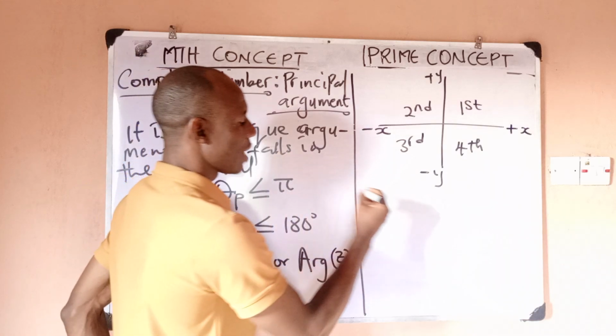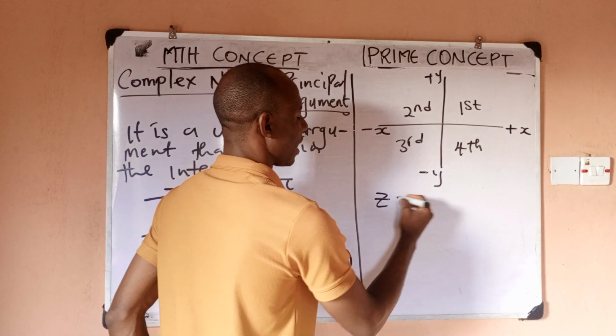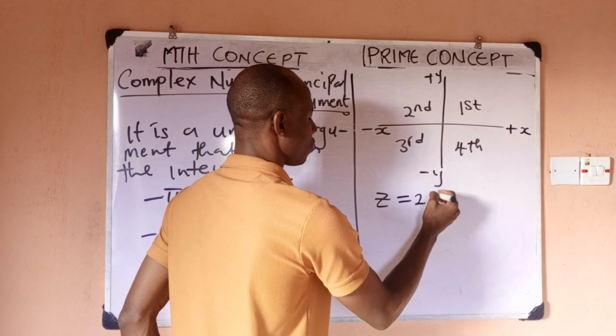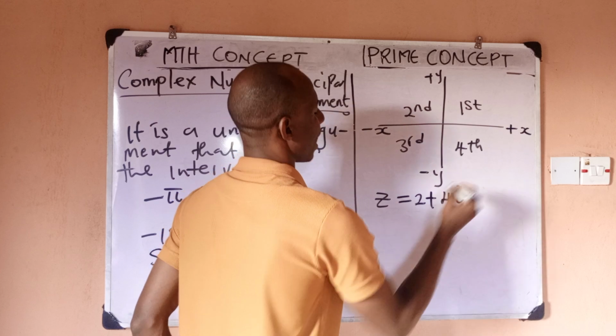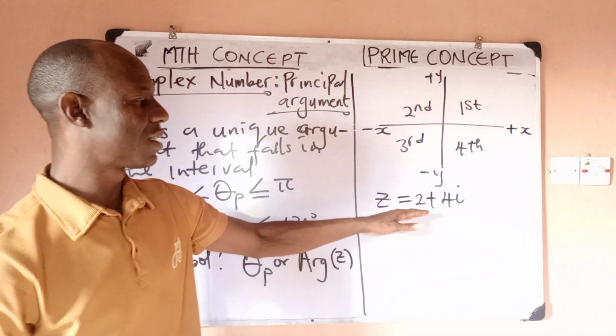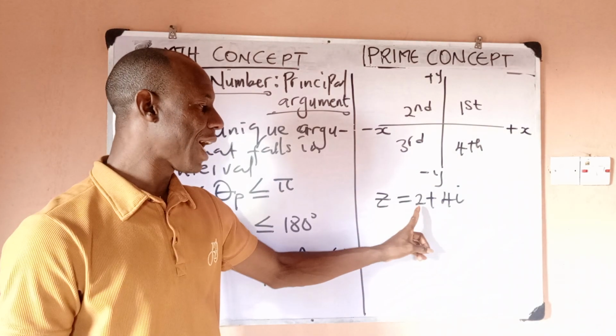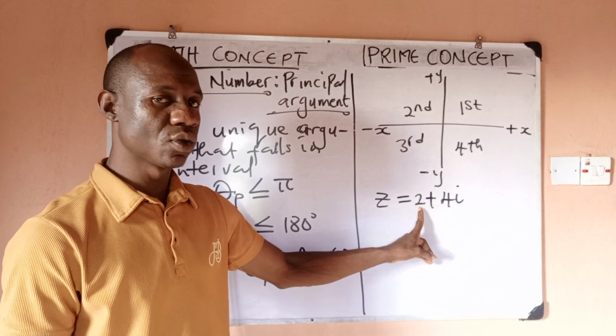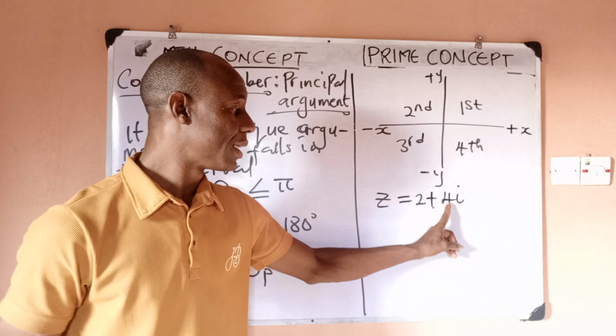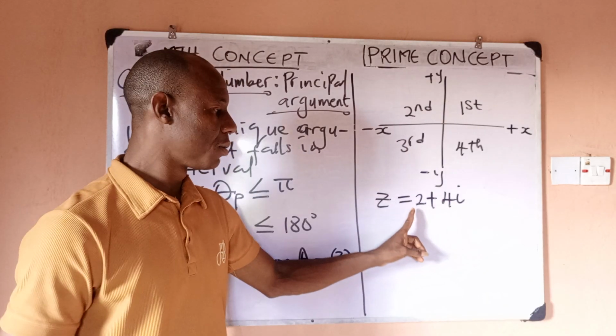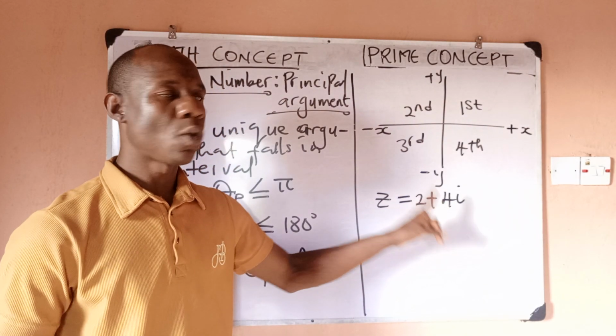So say you have a complex number z, and this is equal to 2 plus 4i. How do we know which quadrant this complex number falls? Now you quickly notice that in this, x is positive 2, and then y is positive 4. So meaning that x is positive, y is positive.